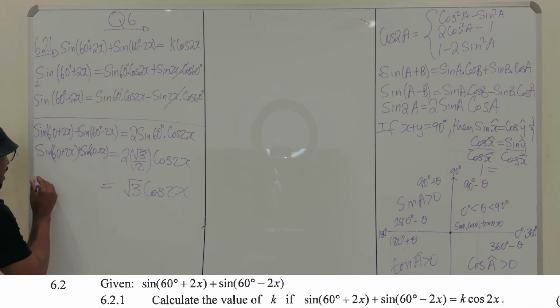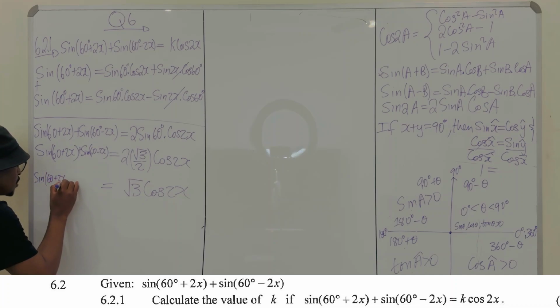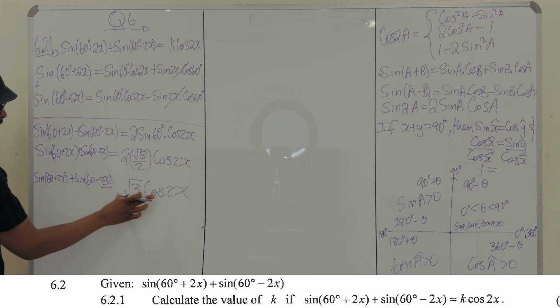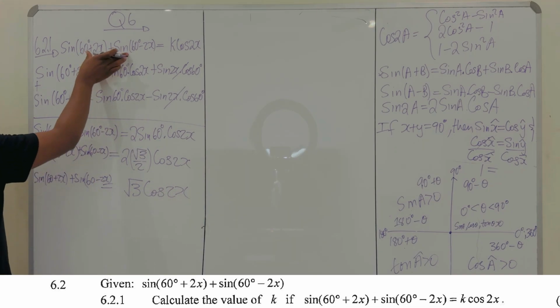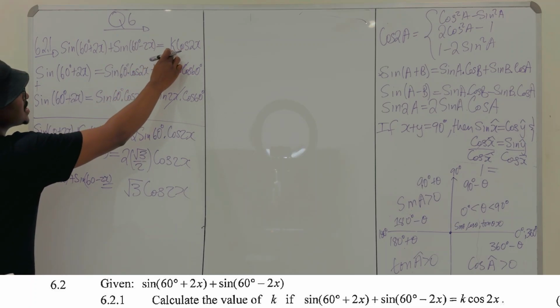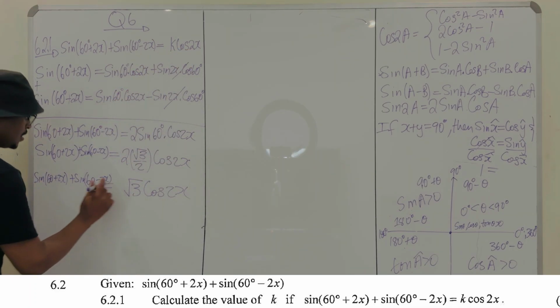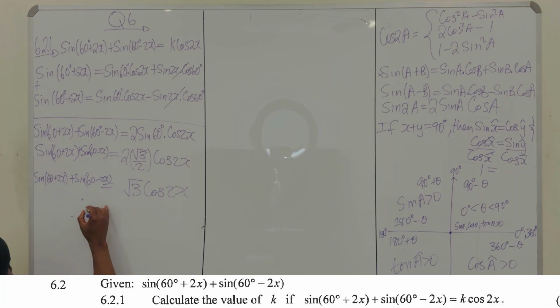Which is your sine of 60 degrees plus 2x plus sine of 60 degrees minus 2x. So if you add these two, you get that. So if they are saying the sum of these two is equal to that, you can see that the k should be root 3 and the cos 2x is that one. Therefore, your k cos 2x is equal to root 3 cos 2x, right?